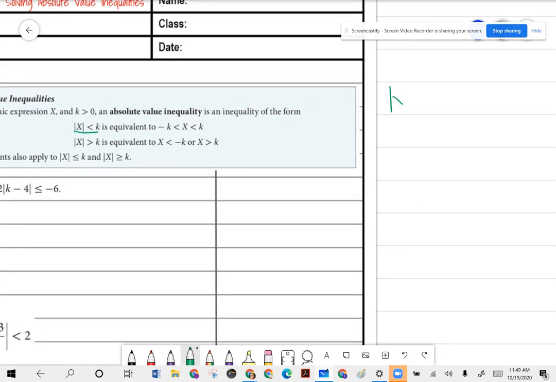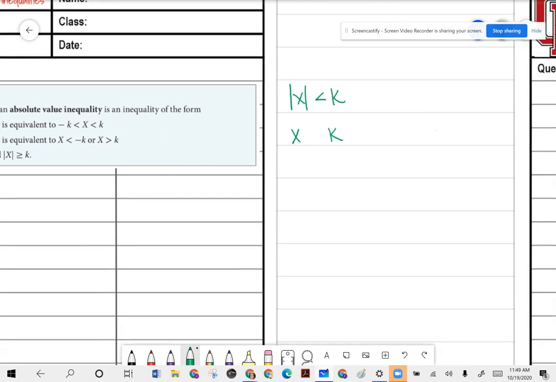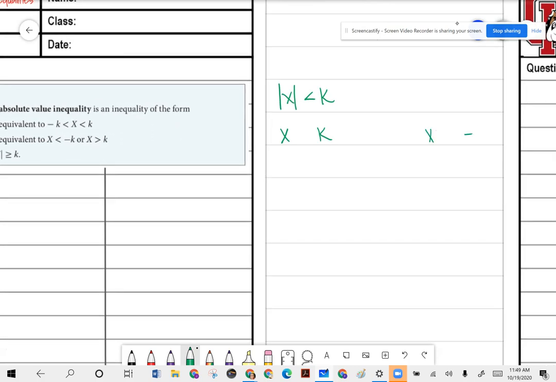If I take the absolute value of x and set it less than k, we know that if it's an absolute value equation, we have to have two equations. We have one where x is equal to k, and the other where x is equal to negative k.